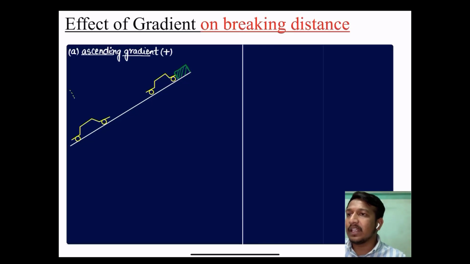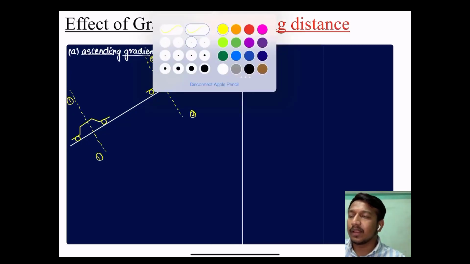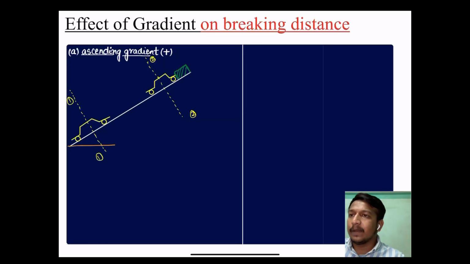The initial position I call section 1.1, and where it stops is section 2.2. The gradient is shown with an angle theta.